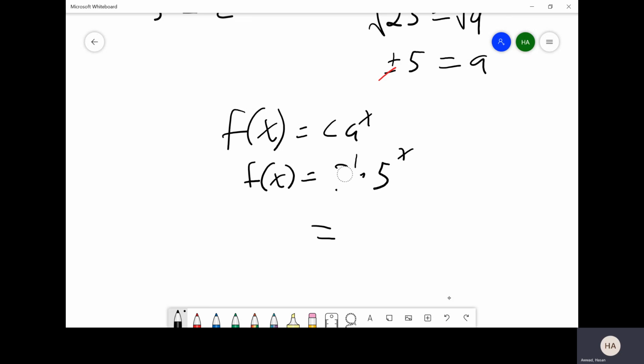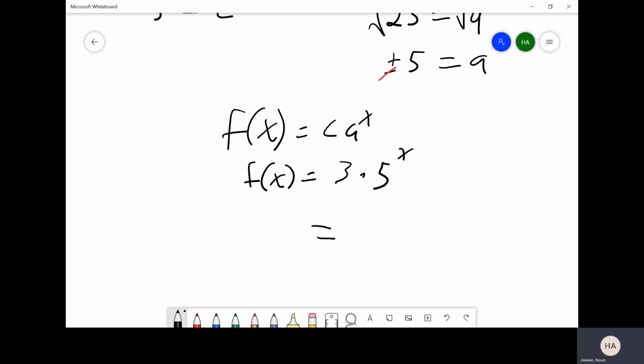If you multiplied your 3 times the 5 to get 15 to the x, what you're essentially saying is, okay, well, I'm also raising my 3 to the x power as well. And that's not the case, right? 3 is your coefficient, so it's always to the first power. So please do not multiply your coefficient times your base. Keep them separate.